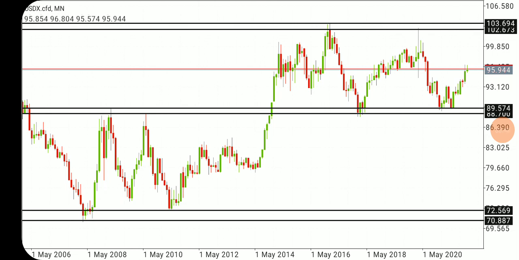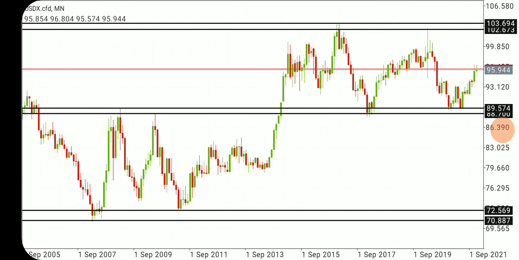The US dollar index is an index that I use to predict where most of my favorite pairs, which I trade, are going to go. That's how I always win on my analysis. It is because of the dollar index.